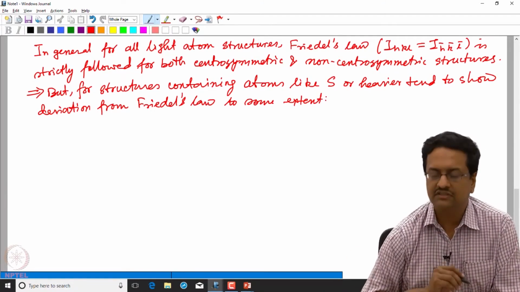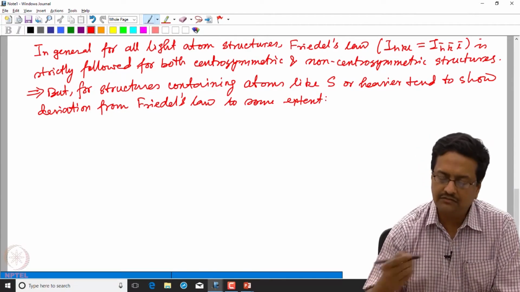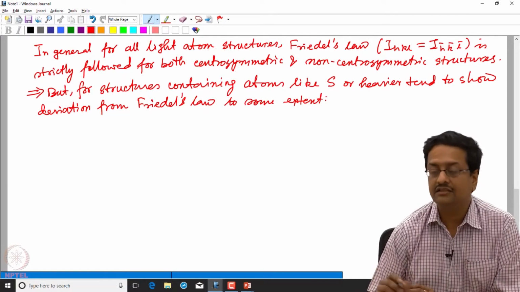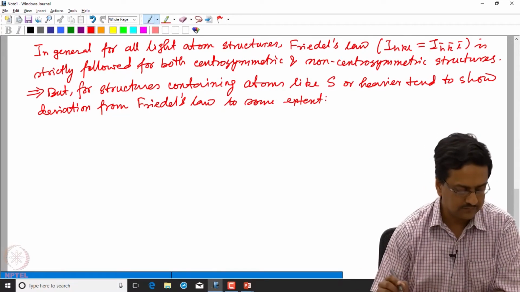So then it becomes easier to identify the centric and non-centric structures by looking at the I H K L and I H bar K bar L bar.